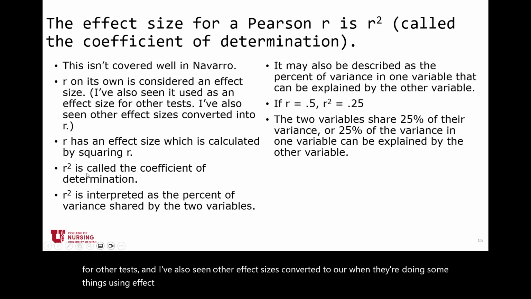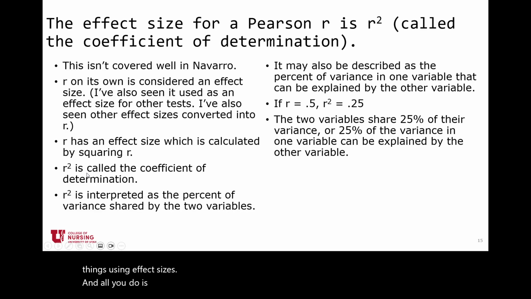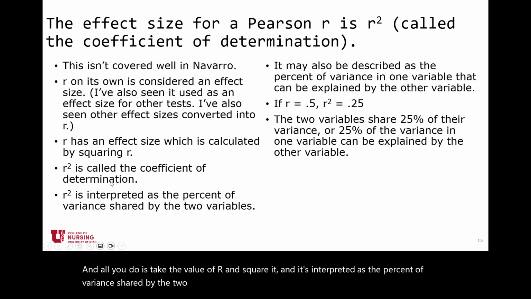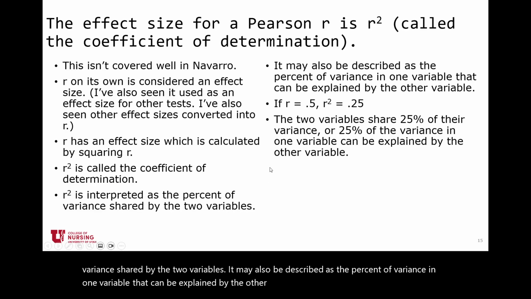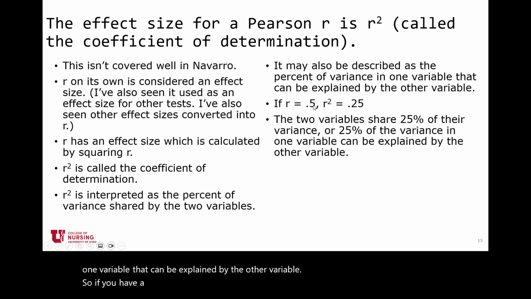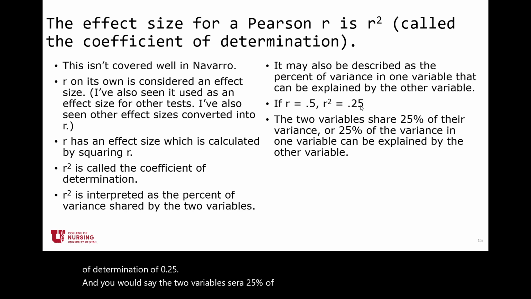And all you do is take the value of r and square it, and it's interpreted as the percent of variance shared by the two variables. It may also be described as the percent of variance in one variable that can be explained by the other variable. So if you have a Pearson r of 0.5 and you square that, you're going to have an r squared, a coefficient of determination, of 0.25, and you would say the two variables share 25% of their variance, or 25% of the variance in one variable can be explained by the other variable.